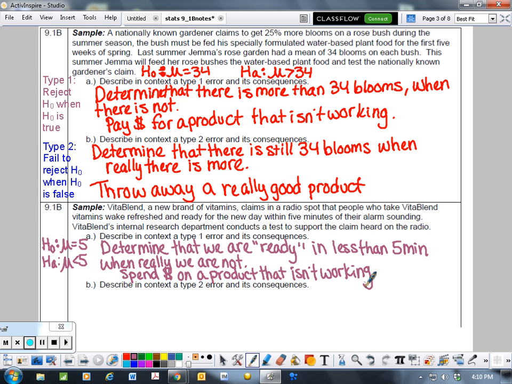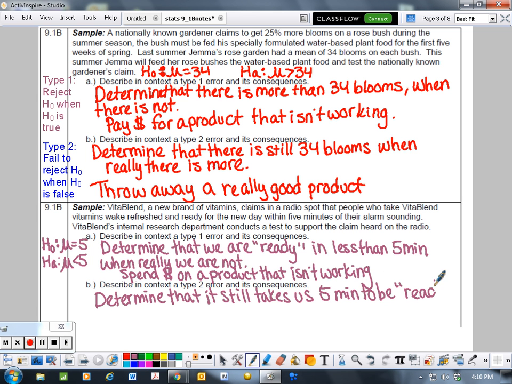Okay, Type 2 error, so fail to reject. I fail to reject that, so we assume that it still just takes us 5 minutes to be ready for the day, when really the product is working.